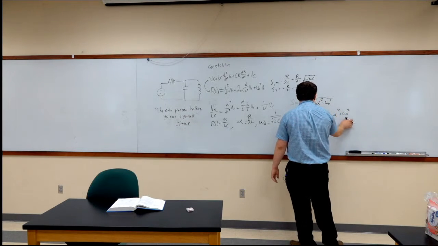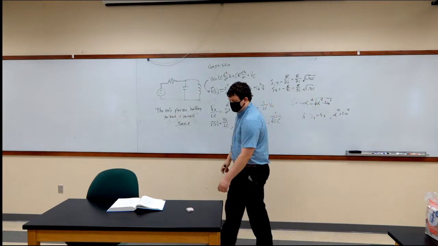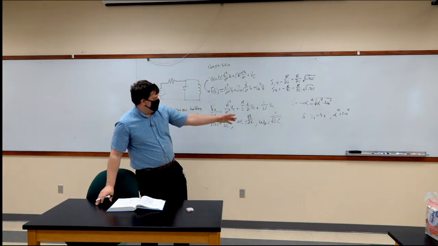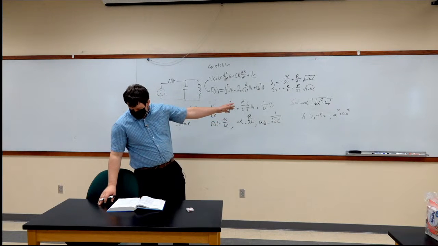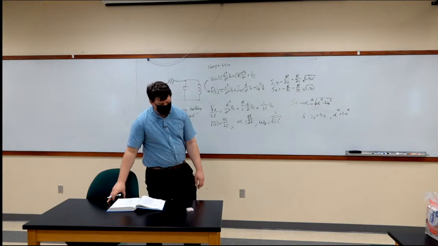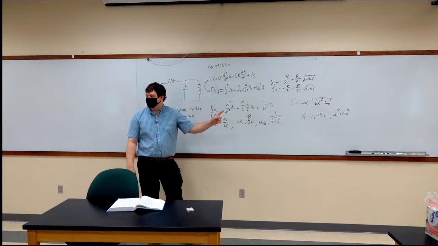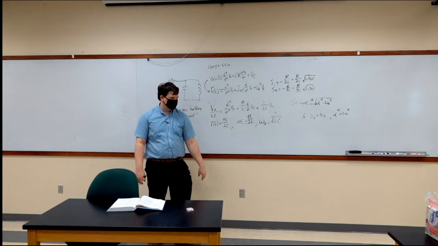By the way, something I forgot to tell you. Because alpha and omega are under a square root, we're going to define a special variable now. We've just defined two brand new variables, alpha and omega naught. I'm now going to define a third variable that compares them.